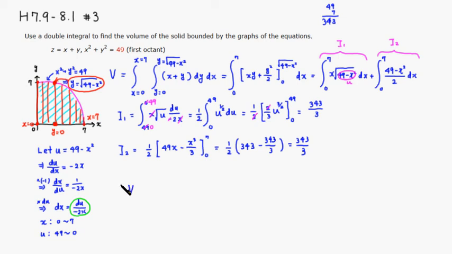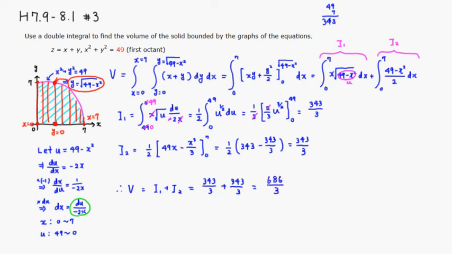All right, so then if you want to find the volume V, V is just I1 plus I2, which is 343 over 3 plus another 343 over 3, which is going to be 686 over 3.